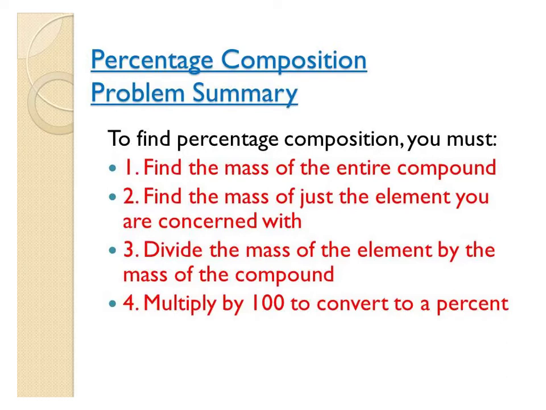Next, find the mass of just the element that you are concerned with. For example, if we wanted to find the percent composition of sodium in sodium chloride, you need to find the molar mass of sodium chloride, and then the molar mass of just the sodium. Next, divide the mass of the element by the mass of the compound, and then multiply it by 100 to change it into a percentage.